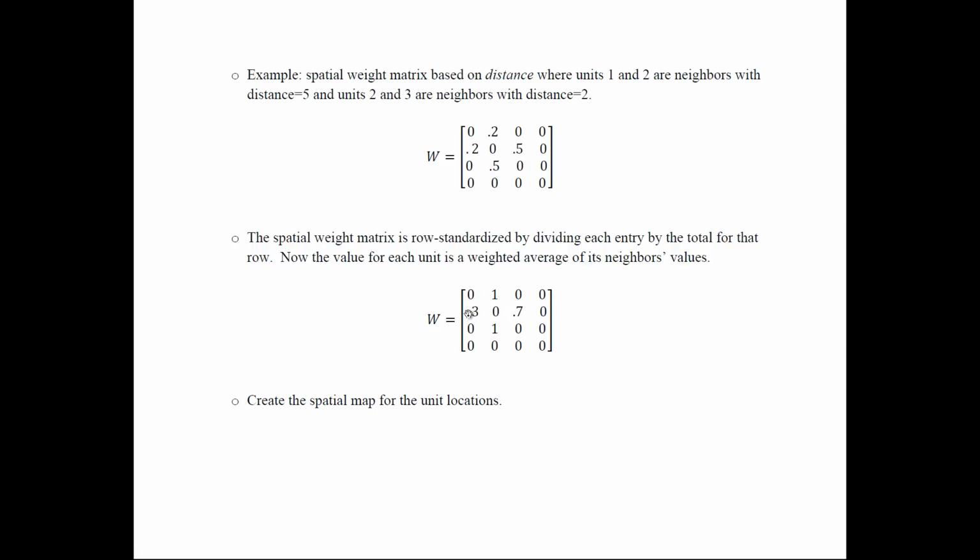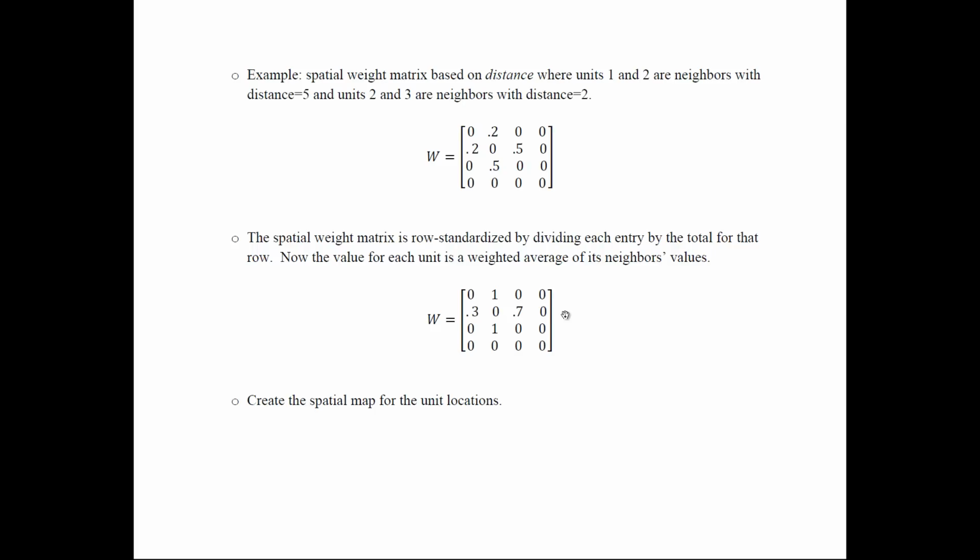So if we divide the 0.2 by 0.7, we would get 0.3. And if we divide 0.5 by 0.7, this would be a value of 0.7. Next, the sum here is 0.5, therefore dividing it, that would be equal to 1, and here there's nothing to do with this row. So this would be a row standardized matrix.